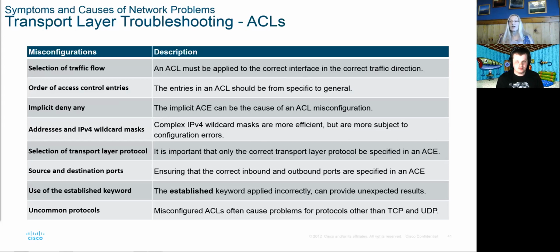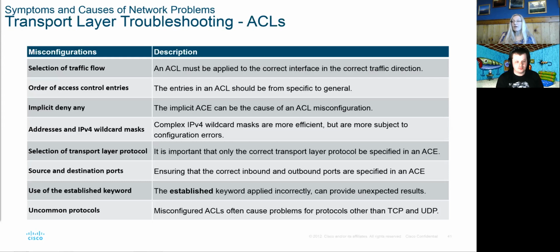So make sure that you have your access control entries correct. Don't forget you have an implicit deny any at the end of that access control list. As soon as you create a permit, you have an implicit deny for everything else. So make sure that you're aware of that.